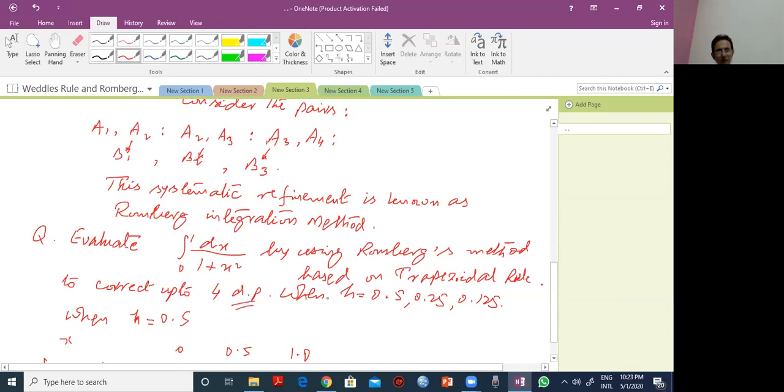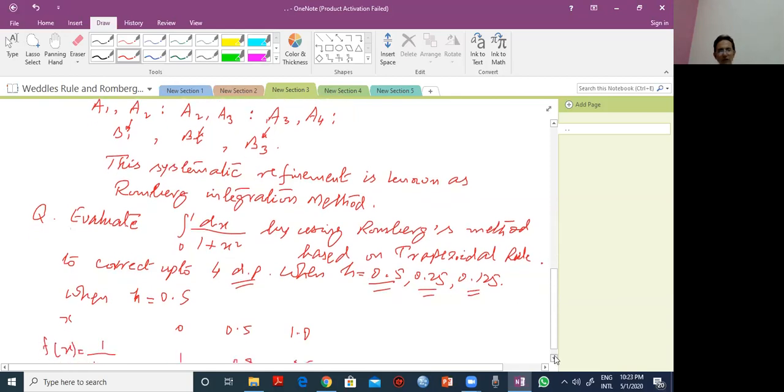DP means decimal places. Take h as 0.5, 0.25 and 0.125.